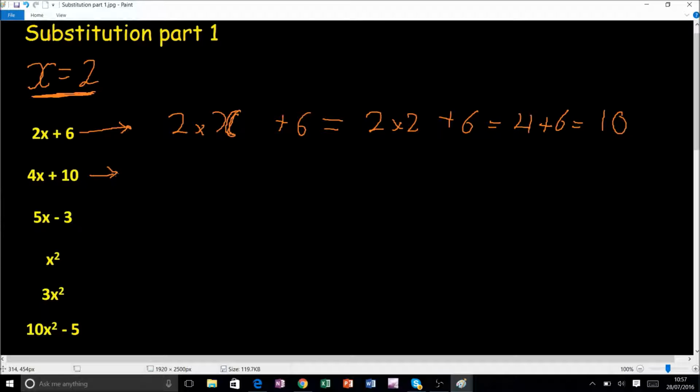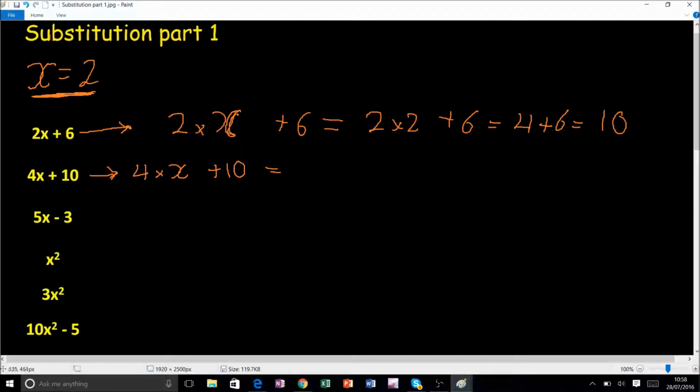Okay, so 4x plus 10 is our next one. So remember what 4x means. 4x means 4 times x plus 10. If you remember the rules of BIDMAS, we need to do the multiplication first before we even think of doing any adding onto it. And if you don't know what BIDMAS is, you can look at my BIDMAS video or order of operations video.